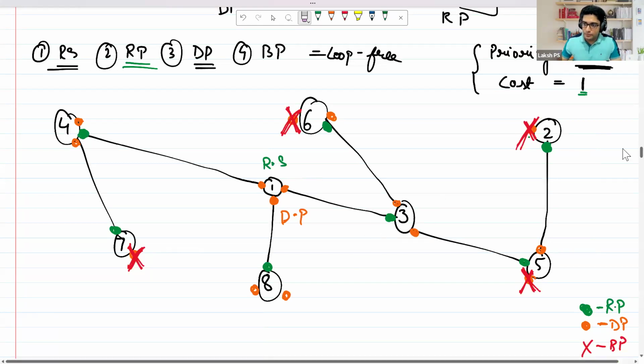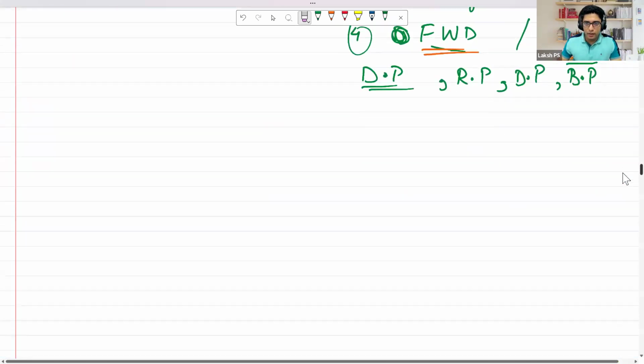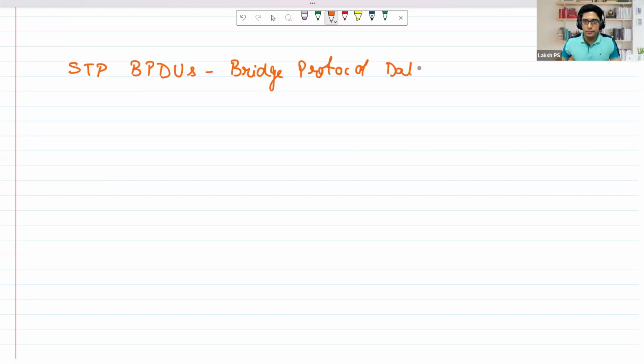That message is called spanning tree protocol BPDUs. It's called a bridge protocol data unit.